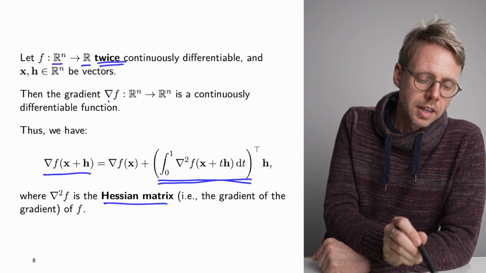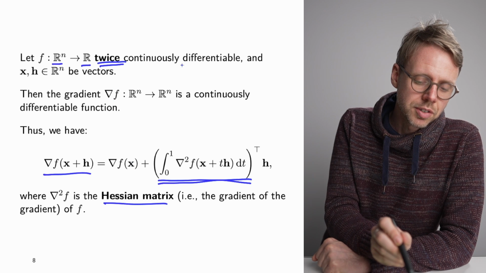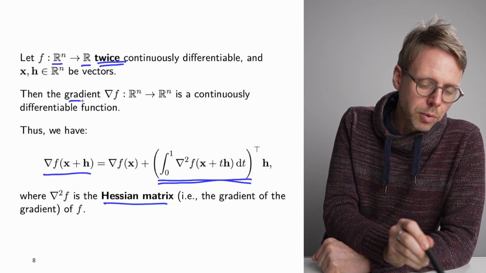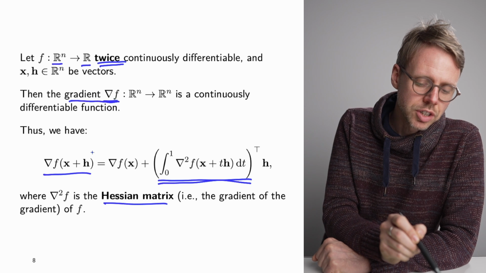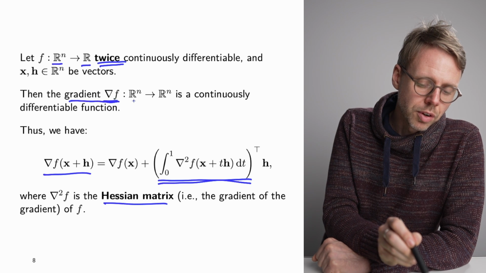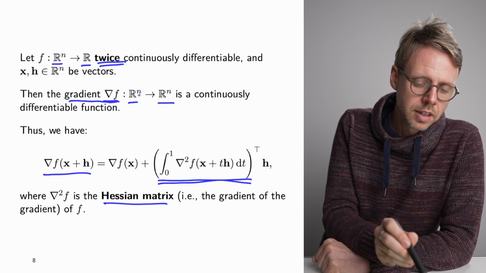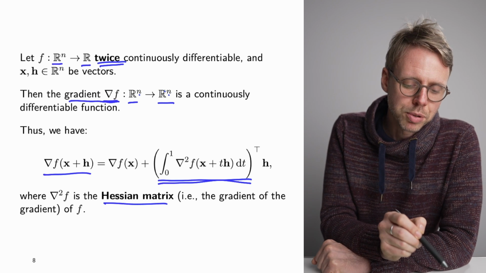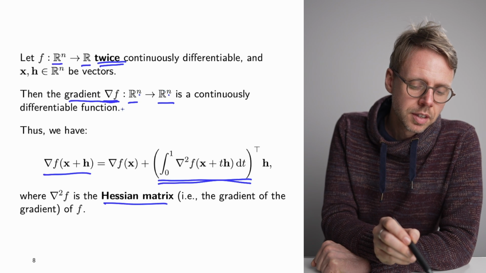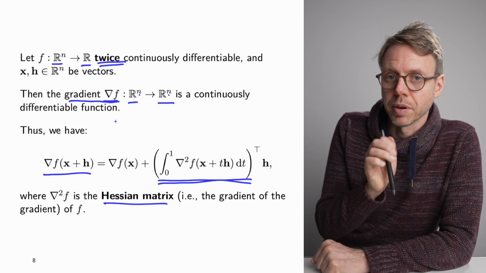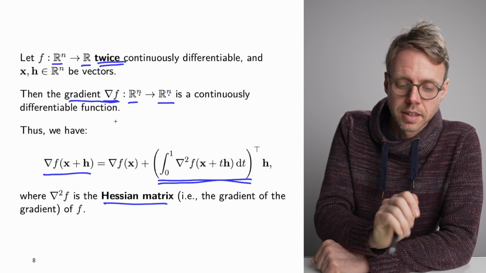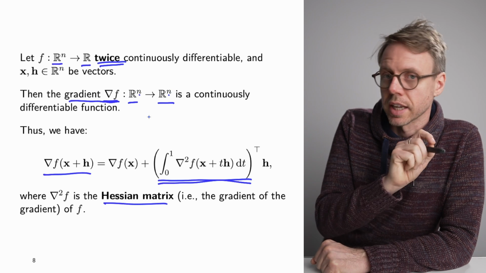Remember that if f is twice continuously differentiable, then the gradient itself is a function that goes from Rn to Rn. So in this case, the number of input and output dimensions are the same because we compute the gradient at a particular point, and we get a vector of rates of change at this point.